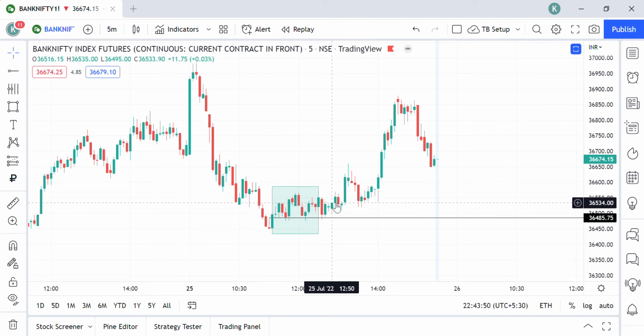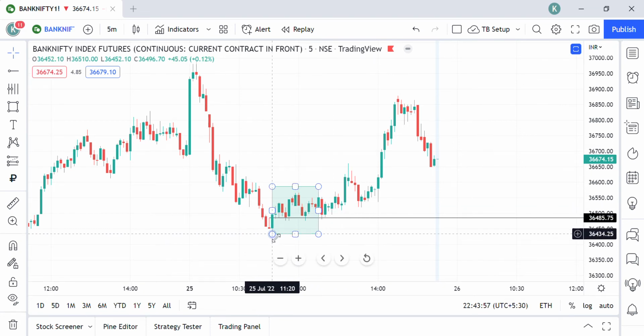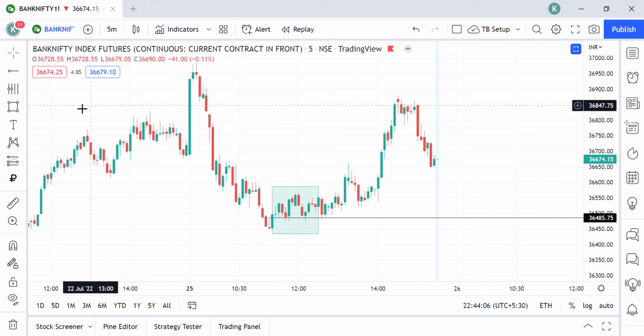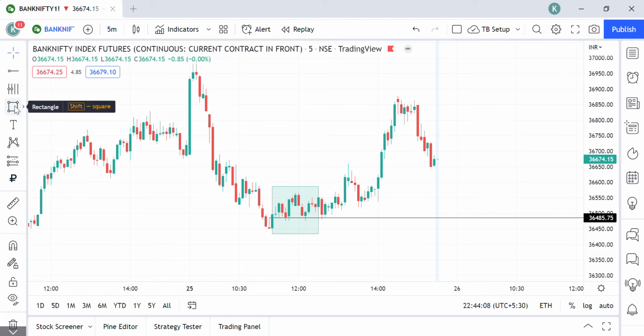This is the point where we can take a shot with this low as a stop loss, and the further upward momentum gives a 1 is to 3 risk reward ratio for a buy call.